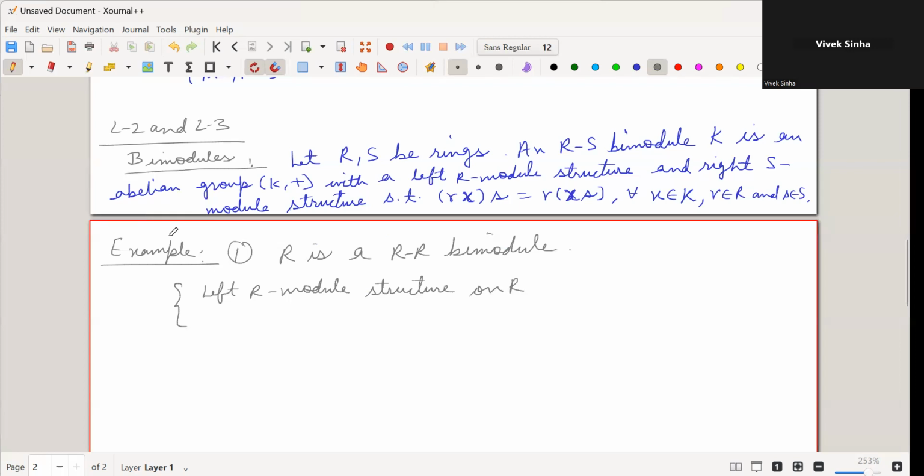So on R, r dot s is simply r s, for all r and s belonging to R. Similarly, the right R module structure is again just the multiplication inside the ring.